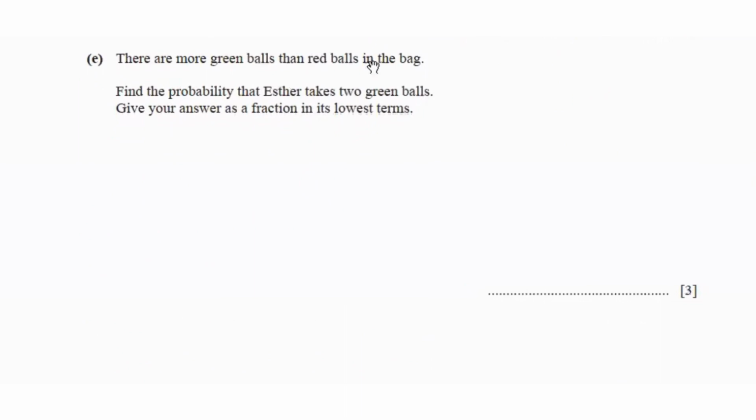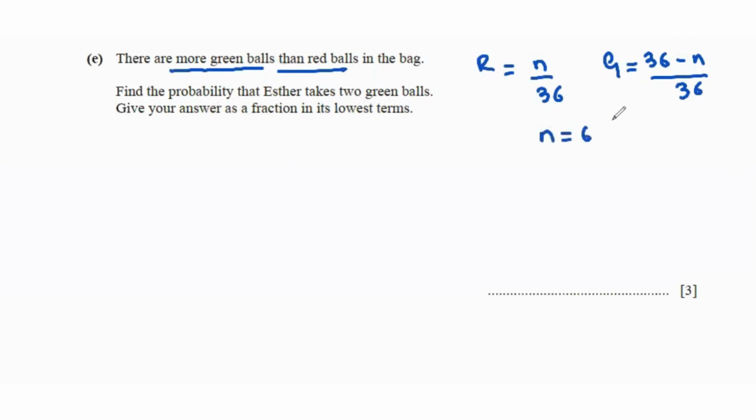Then it says there are more green balls than red balls in the bag. So we know red balls had the probability of n over 36 and green balls were 36 minus n over 36. They're saying there are more green balls than red balls, which means n has to equal 6, because if n equals 30, then red balls would be greater than green balls.